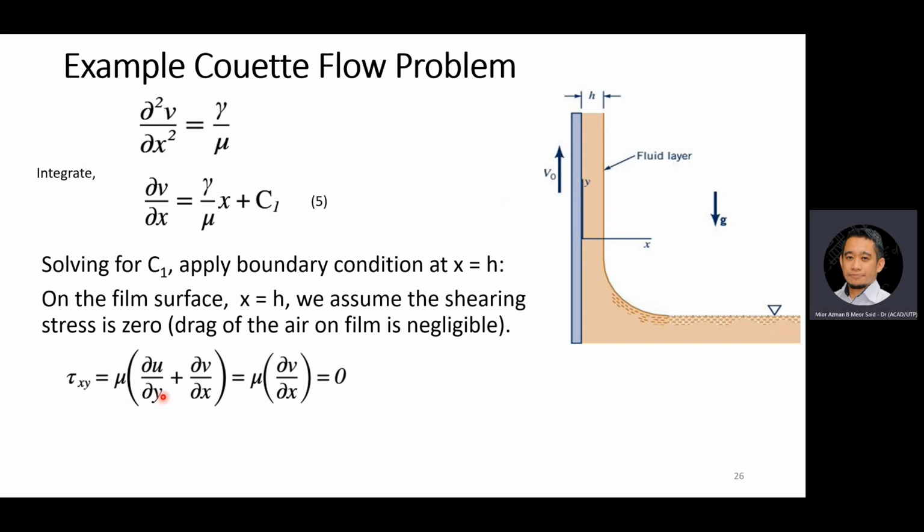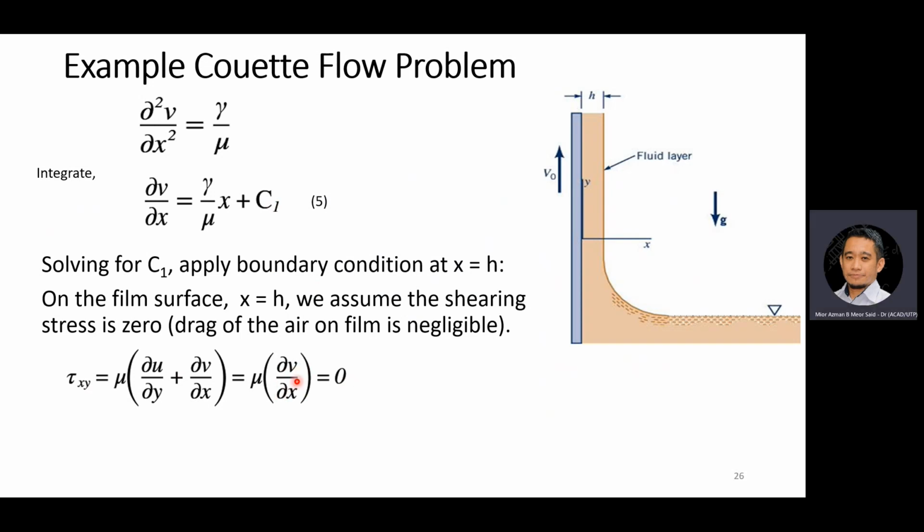We know that there's no velocity u involved here, so this term will be 0, leaving just this term. The shear stress equals the viscosity times partial v partial x, equal to 0. So we can apply this boundary condition to this formula.